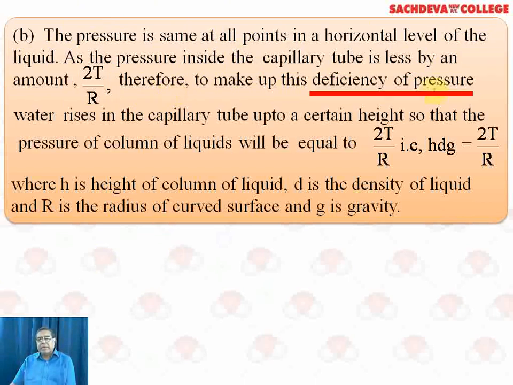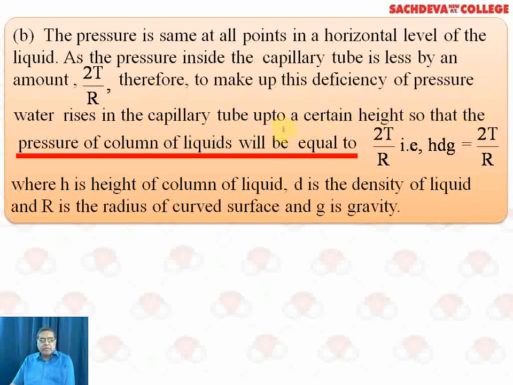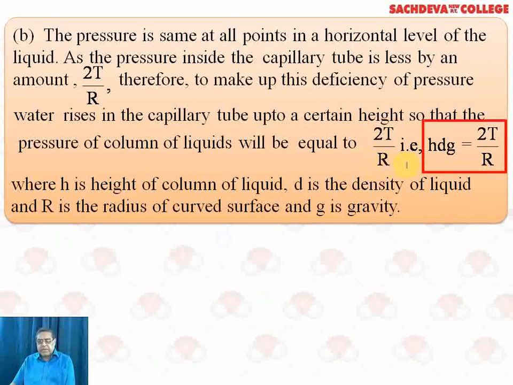Therefore, to make up the deficiency of the pressure, water rises in the capillary tube up to a certain height, so that the pressure of the liquid column will be equal to 2T by R. That is hdg, this pressure, which is equal to 2T over R.